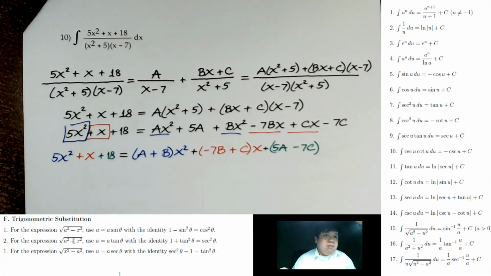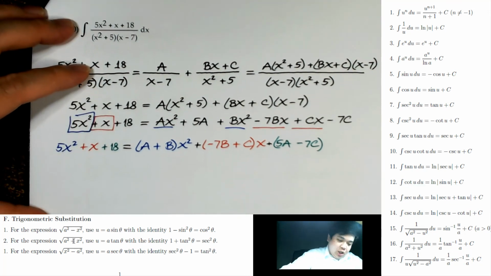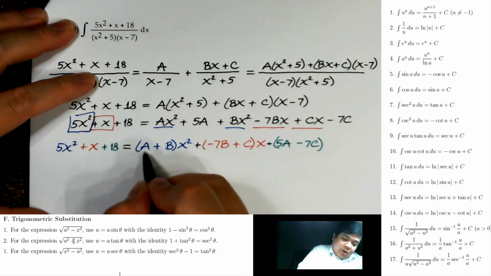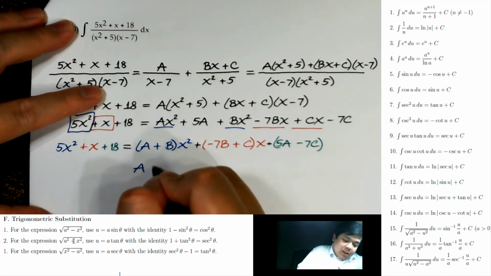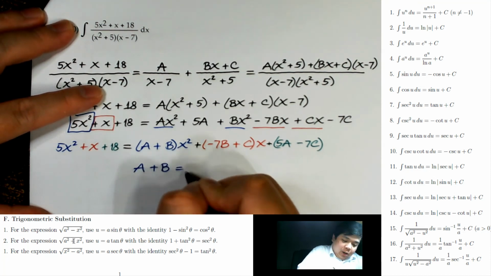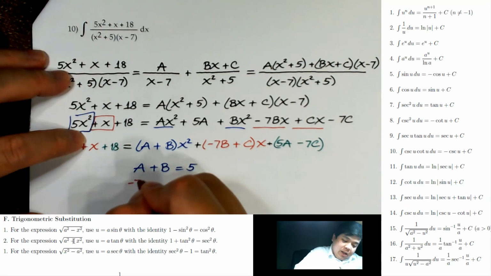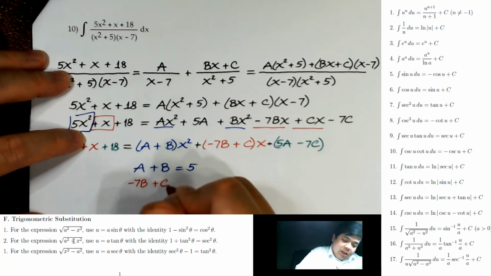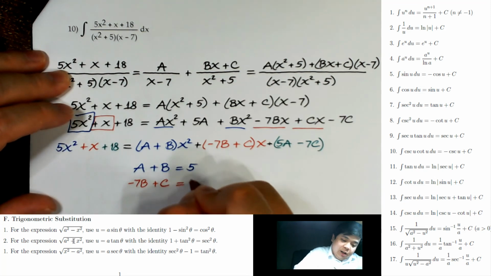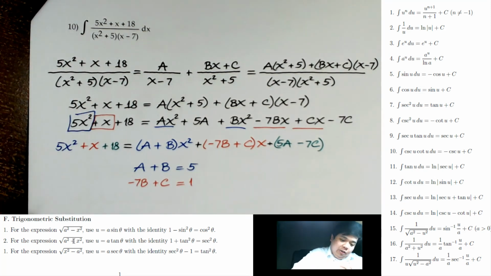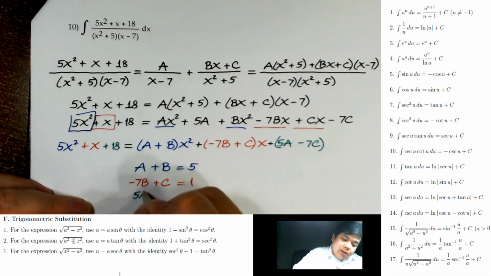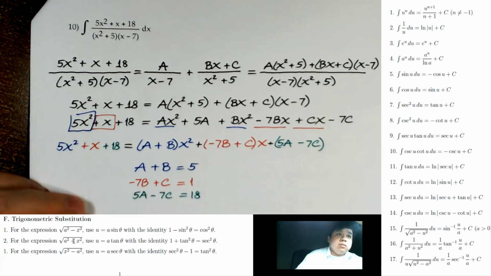So pretty much we just match the coefficients of the same powers. So we have the system of equations. a plus b equal to 5. Negative 7b plus c equal to 1. 5a minus 7c equal to 18.